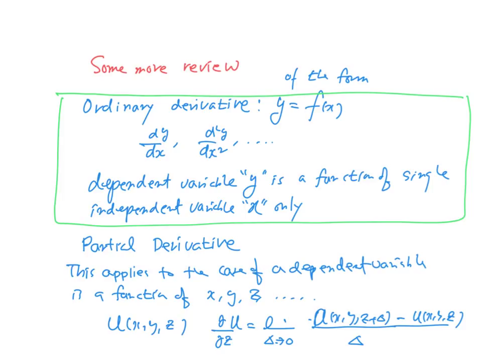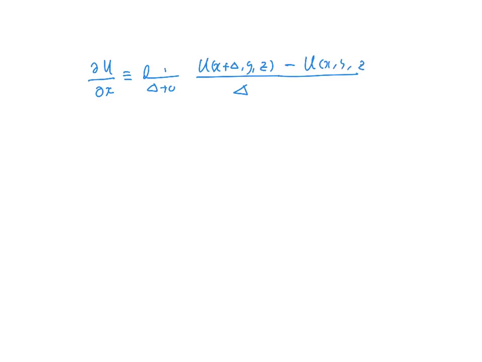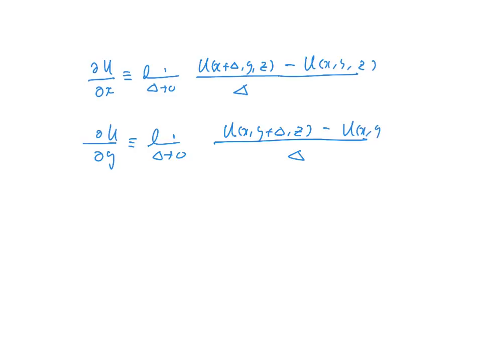And likewise, partial u over partial x is defined as the limit as delta goes to 0 of u(x plus delta, y, z) minus u(x, y, z), over delta, and partial u over partial y is the same, the limit as delta goes to 0 of u(x, y plus delta, z) minus u(x, y, z), over delta.